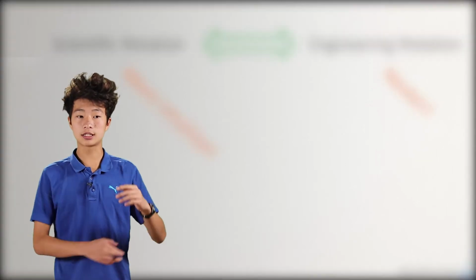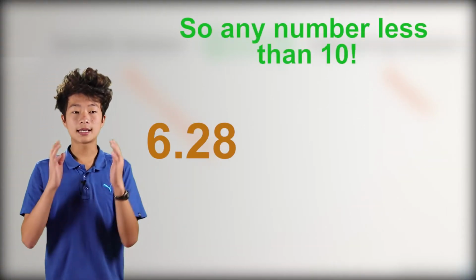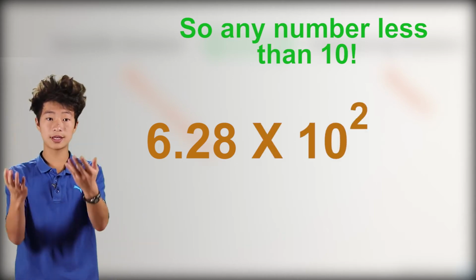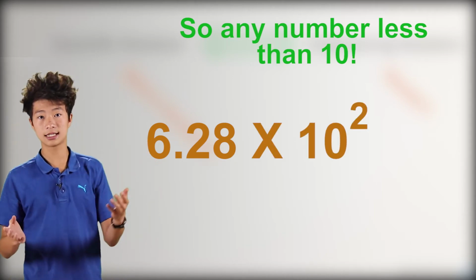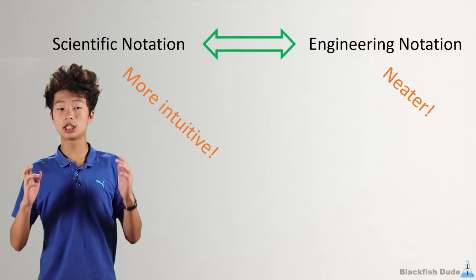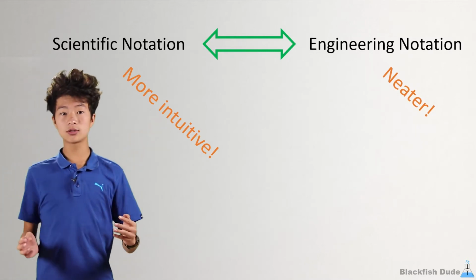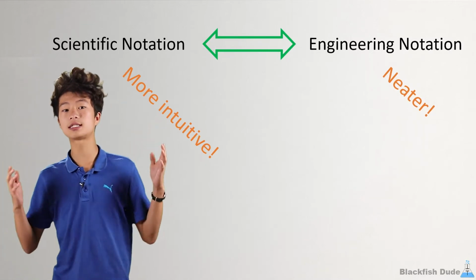Scientific notation takes the form of this: a one-digit number multiplied by 10 to the power of something. It can be positive, it can be negative. That's scientific notation. This is definitely a more intuitive representation than engineering notation. But in engineering notation, it's actually even simpler.